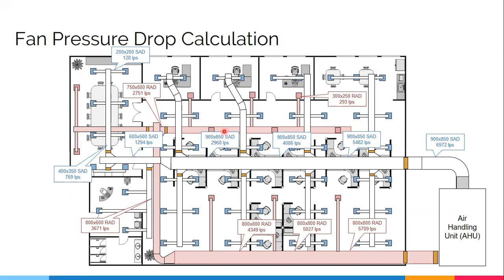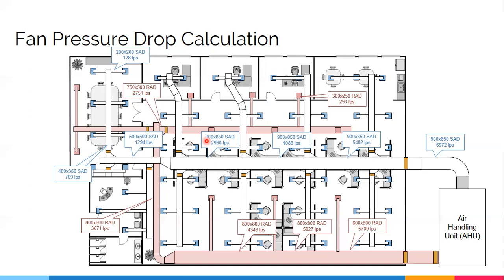Again, for those who are interested in how we got this duct size, you can watch the previous training we flashed earlier. For those who are here, I will provide these slides so you'll get that information, where you can watch those previous trainings.